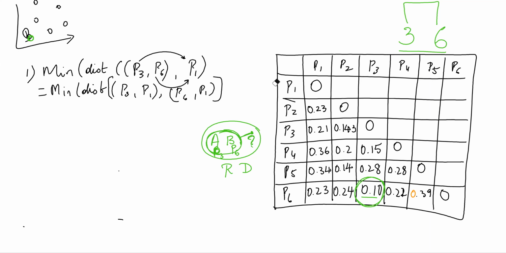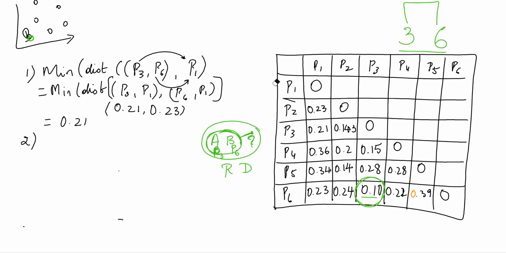What is the distance from P3 to P1? From P3 to P1, 0.21. So 0.21, comma, what is the distance from P6 to P1? 0.23. Yes. If I have to take the minimum distance, what will it be? 0.21. Right? Then I have it for the first point.